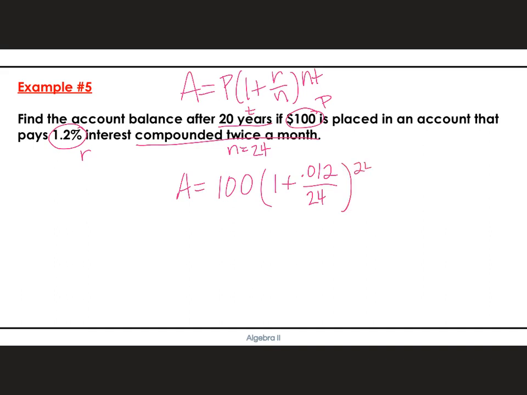So N is 24 and T is going to be 20 because that's the number of years. And so again, you just put all this into your calculator and you end up with $127.12. So in 20 years, you'd have made $27.12 because your interest rate is only 1%. Okay. All right.